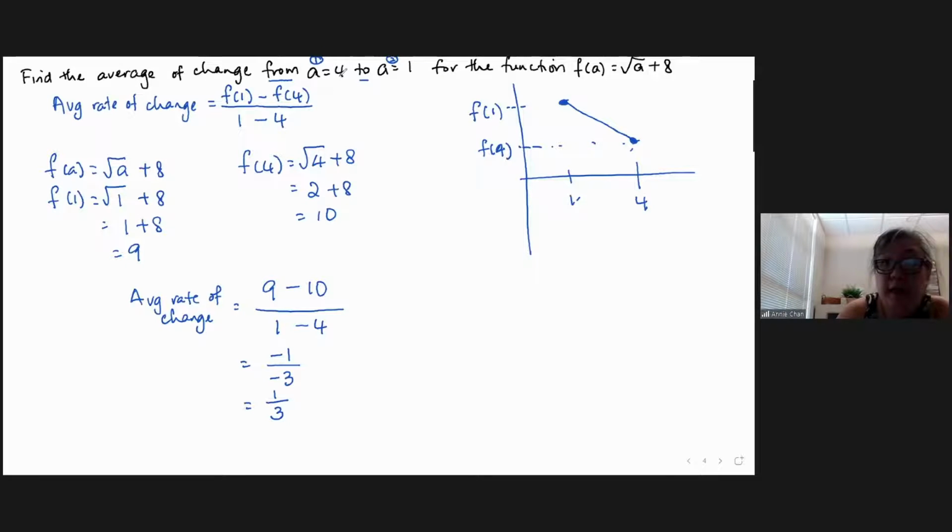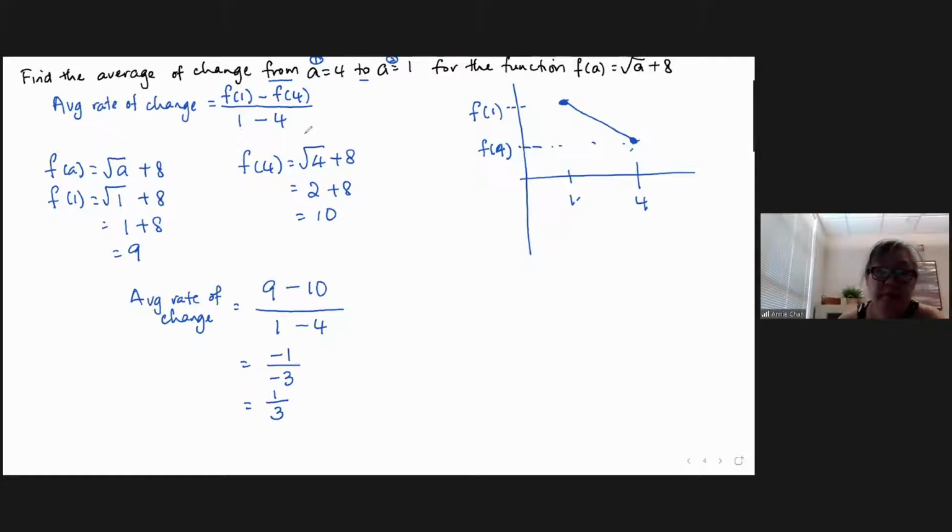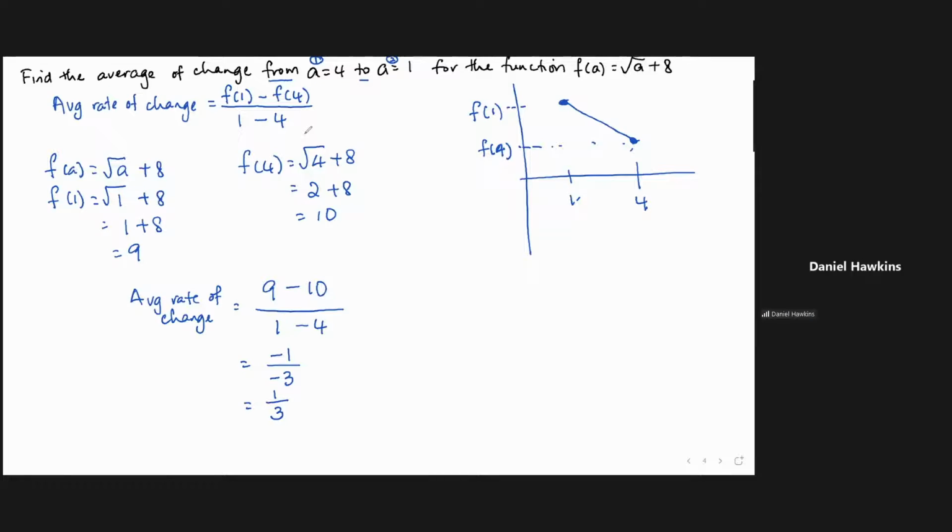You know your change of x is 4 and 1, but then for your change of y, would you think to substitute this 4 and 1 into this function to find the y? Honestly, no. I didn't think to do f of 1 minus f of 4 over. That's why I was kind of thrown off by the question at first.